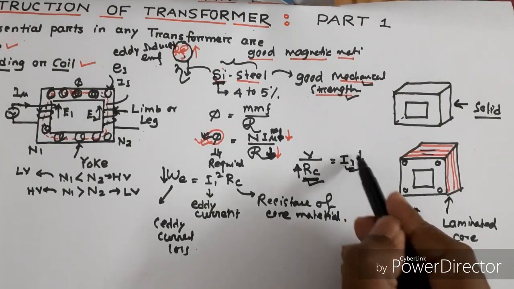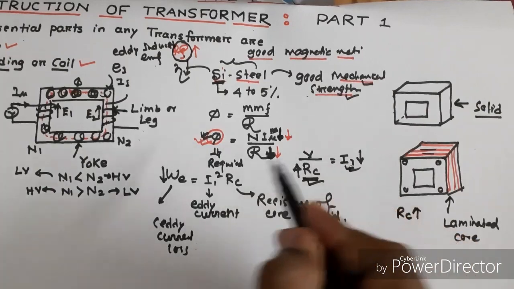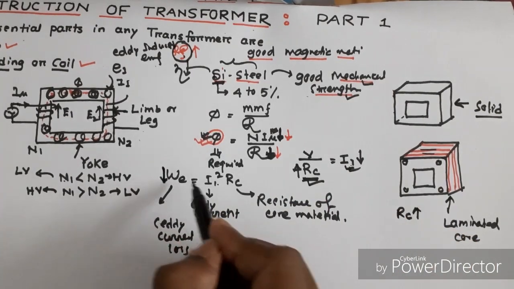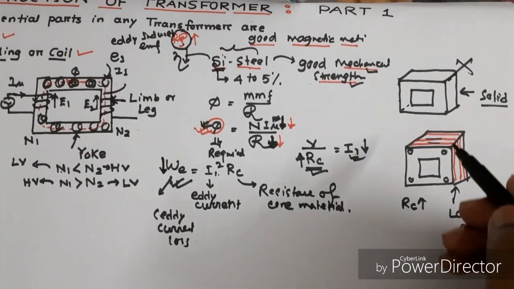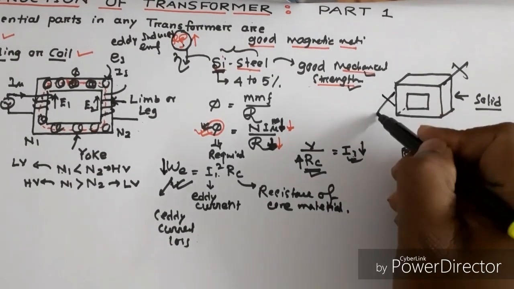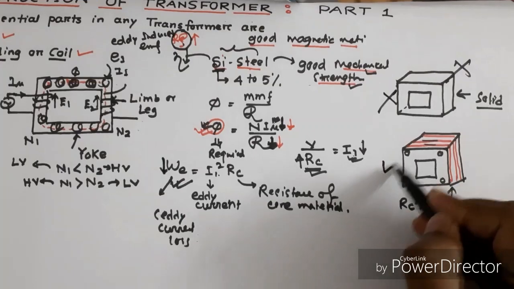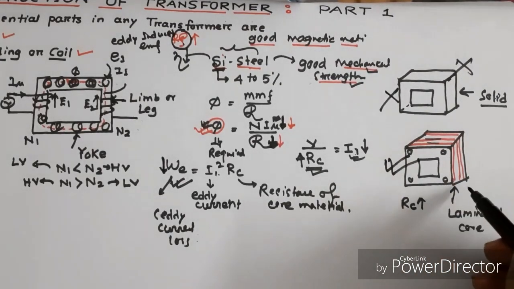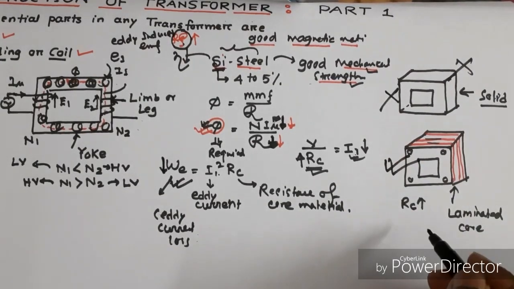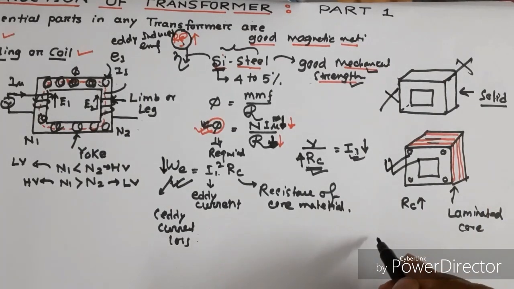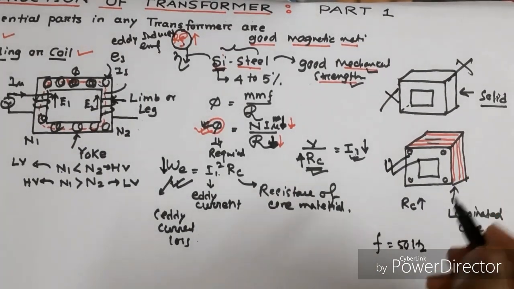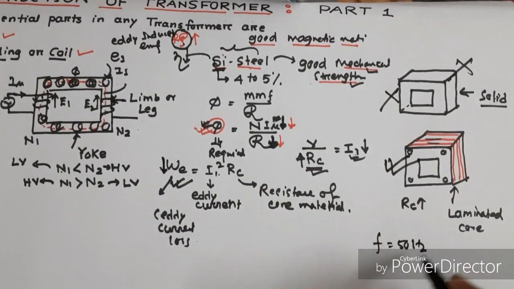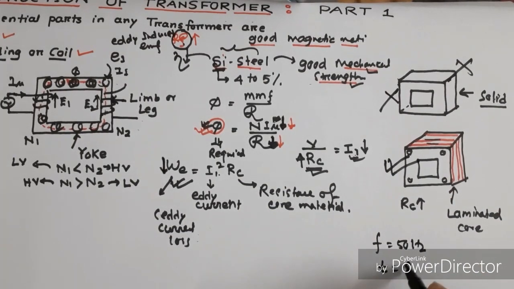As I explained earlier, due to less eddy current, the loss will also be reduced. So the transformer core is not made of solid material, it is made of laminated core, and for a frequency of 50 Hz, the thickness of lamination of the transformer is 0.35 mm.